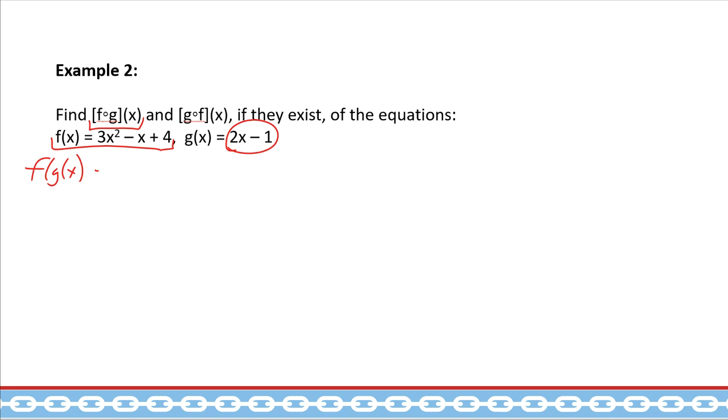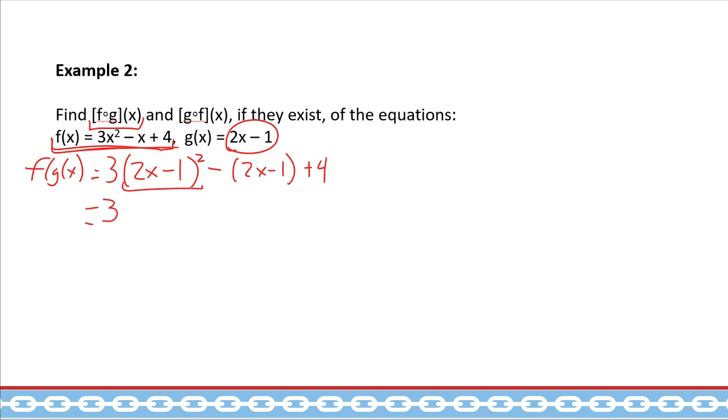So these become a lot of work. I'm starting with this f function right here, 3x squared. Instead of x, I'm writing the g function, 2x minus 1 squared, minus the g function, 2x minus 1 plus 4. Now I have to go through and use order of operations and clean up this big mess.